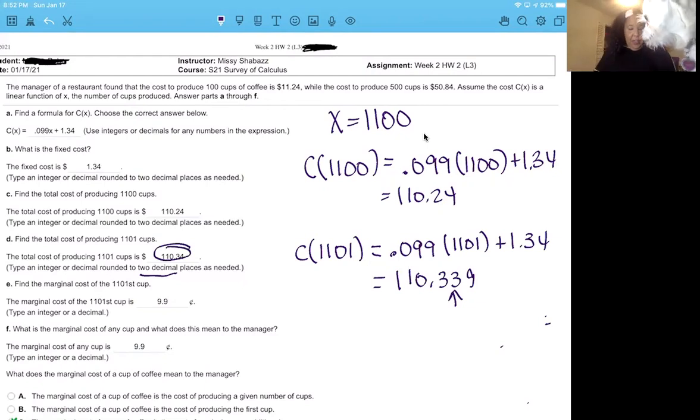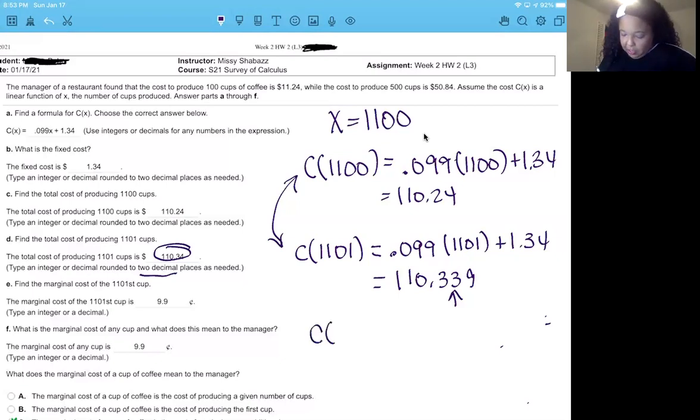So it says find the marginal cost of the 1,101st cup. All right. So now we talked about this. The marginal cost is the cost of producing an additional one, right? And if it is a linear function, it is exactly just the slope. Or you could think about it as the difference between the cost of these two, right?